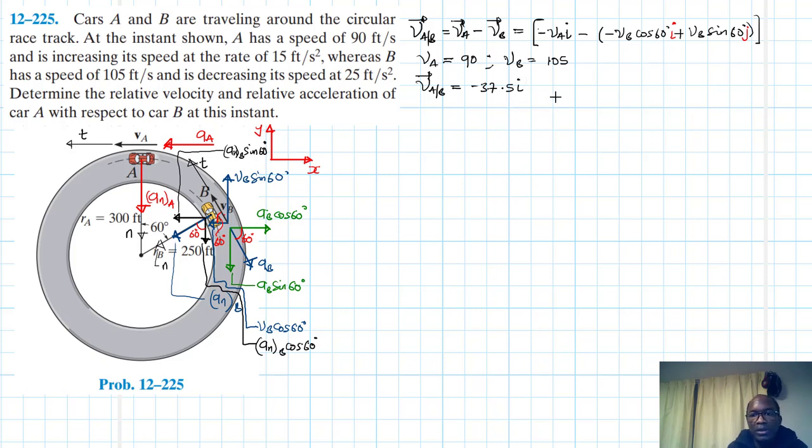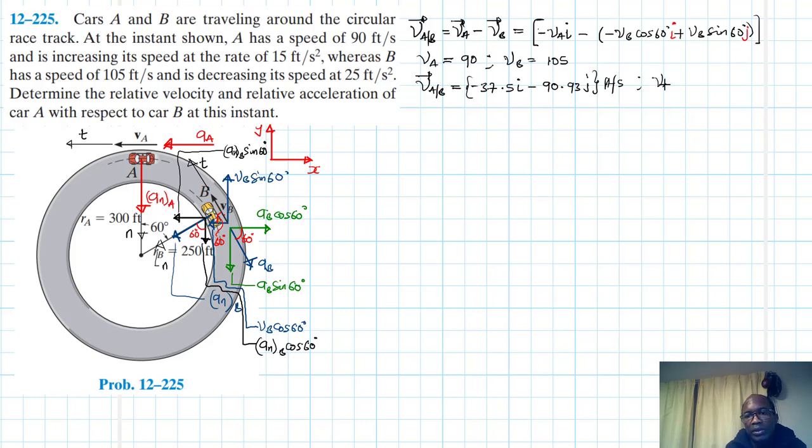Then the other one becomes minus 105 sin 60, which is 90.93j, in feet per second.